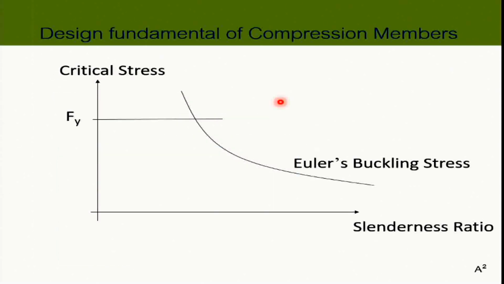Okay? And from that, we have to cap off this curve by Fy, of course. No matter how well you do, you can never have stress more than Fy, right? It's common sense.